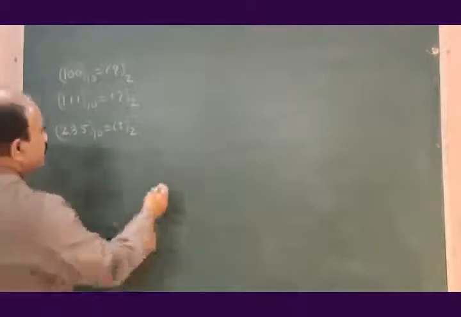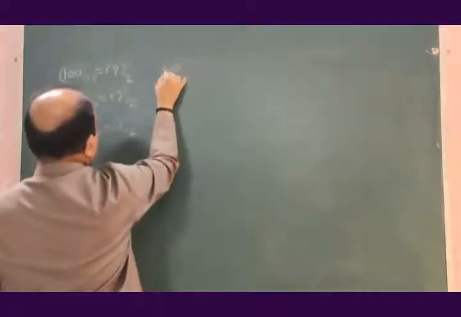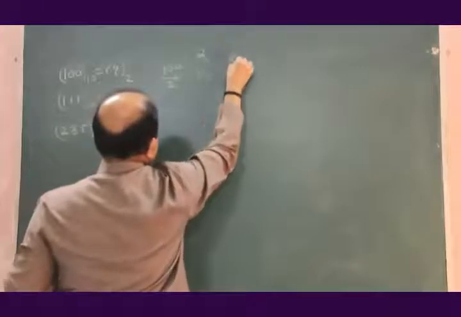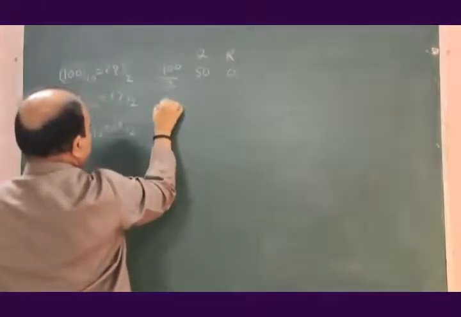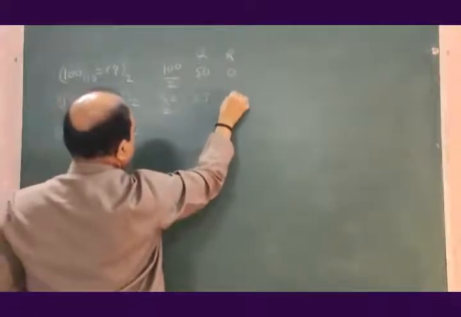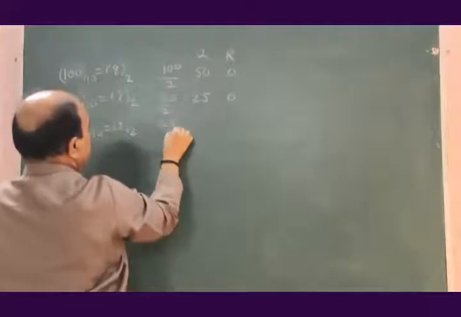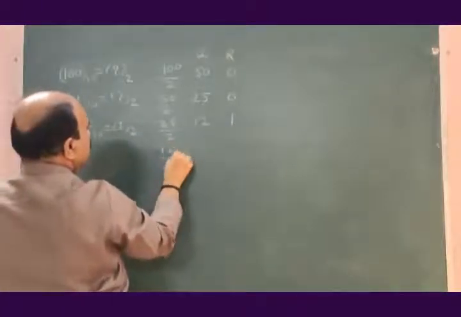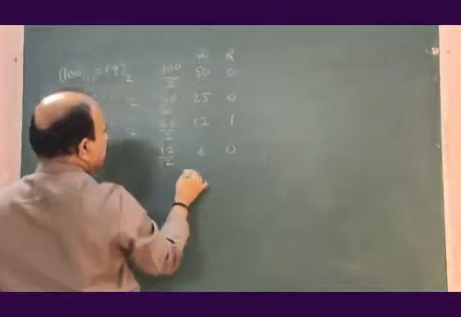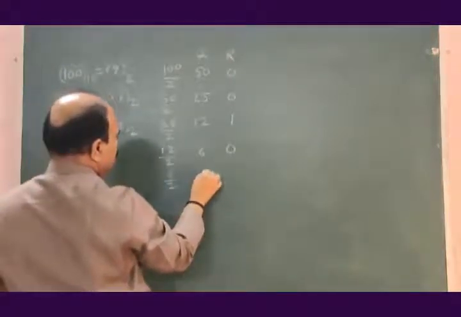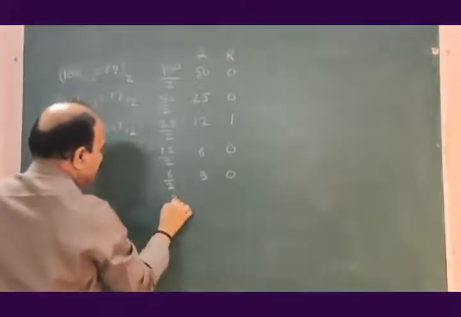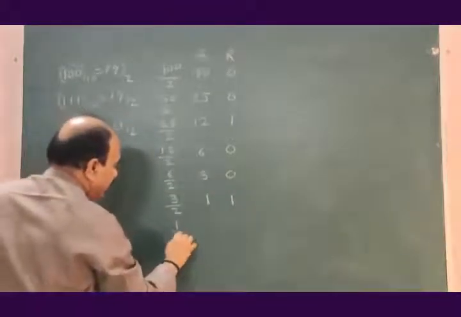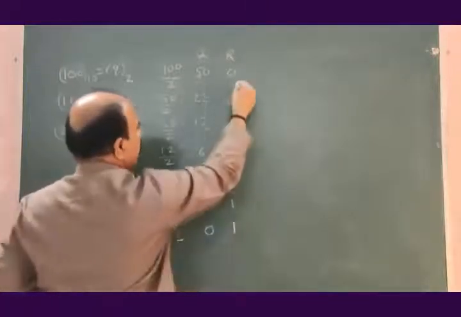Let us work out 100 first. 100 divided by 2, 50, remainder 0. 50 divided by 2, 25, remainder 0. 25 divided by 2, 12, remainder 1. 12 divided by 2, 6, remainder 0. 6 divided by 2, 3, remainder 0. 3 divided by 2, 1, remainder 1. 1 divided by 2, quotient 0, remainder 1.